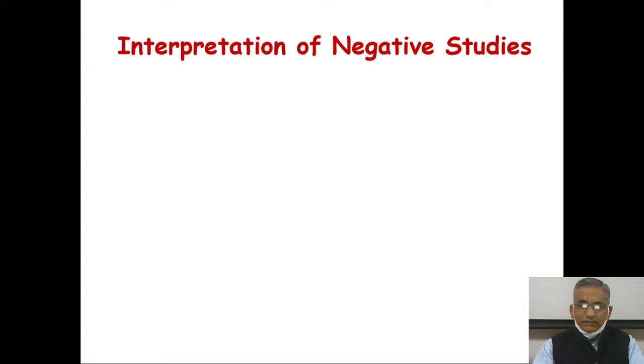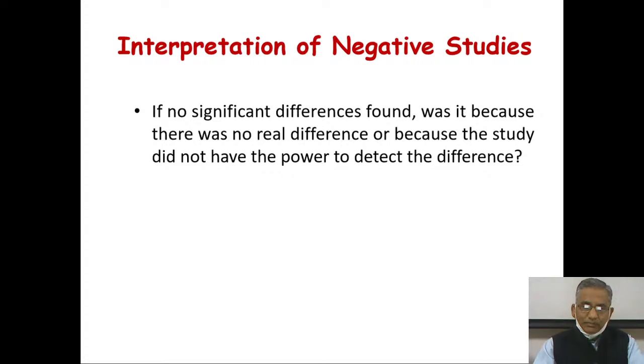Interpretation of negative studies. Many trials do not calculate sample size properly. They take fewer participants than actually required, and they don't find a difference. And once they don't find the difference, they say there is no difference. Absence of proof is not proof of absence.